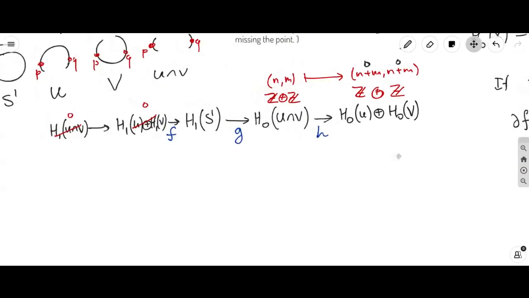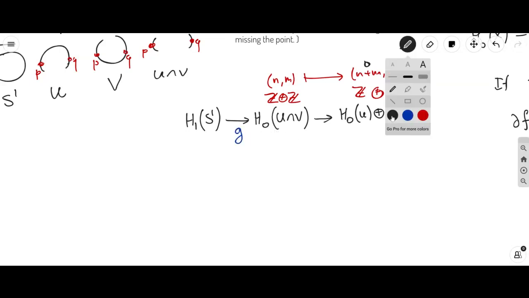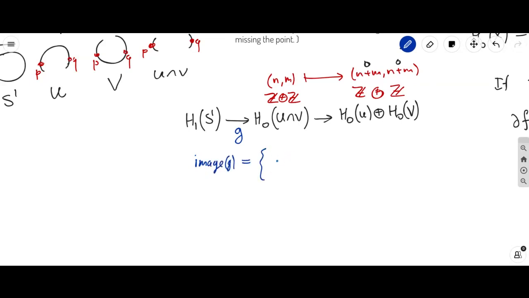So what do we do next? This is the one that's isomorphic to the integers. So the image of G, as we said, is the subgroup n comma negative n, where n is an integer.